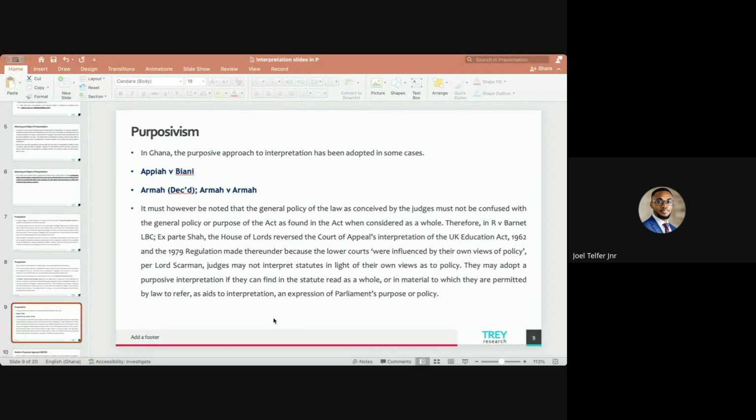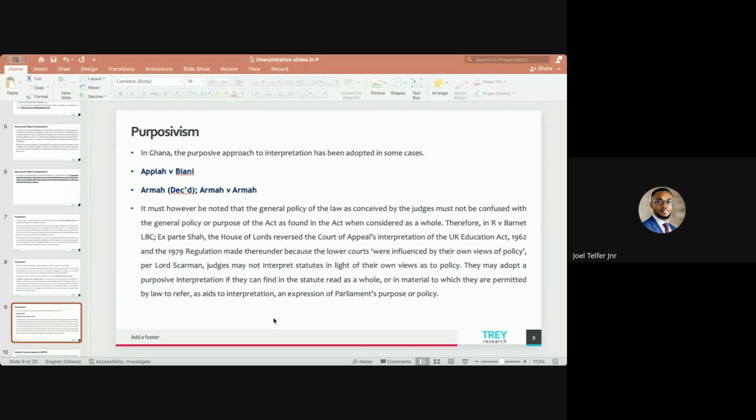And so, to ascertain the true meaning of the text, my simple answer to you is that you must be able to provide the purpose for which the enactment was brought into force. And we have explained how you can come to the purpose.